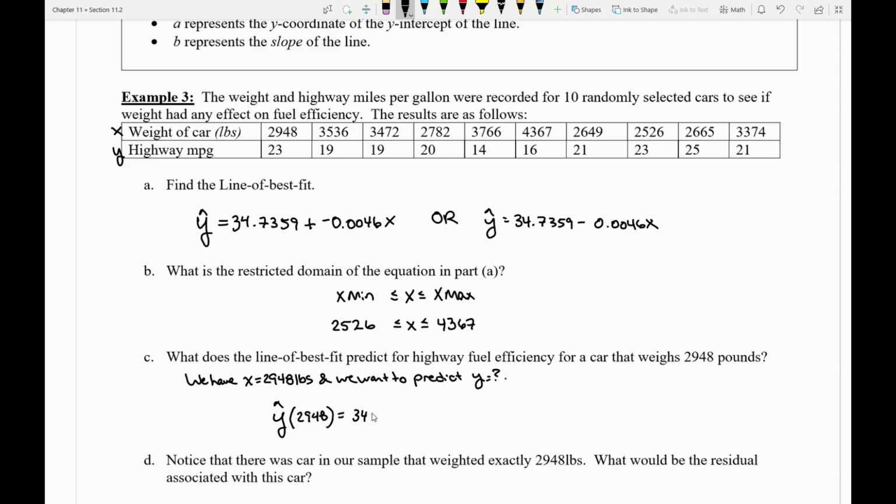Notice that if I was to do this, I'm going to get a formula that looks like the following. In place of that x, I'm just going to put down my 2,948. And I could actually go right to the calculator and crunch this out so I can get an actual value.